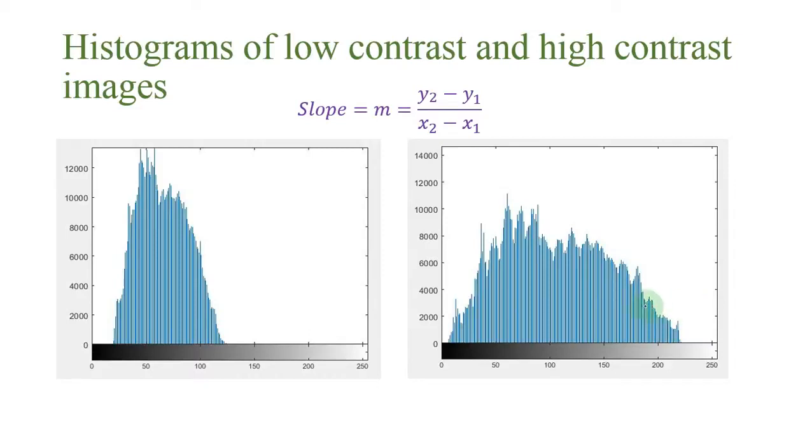So we will find the slope of the transformation while converting a low contrast image to a high contrast image. Slope m is defined as y2 minus y1 divided by x2 minus x1, where x1 is the minimum value of this low contrast image and x2 is the maximum value of this low contrast image.